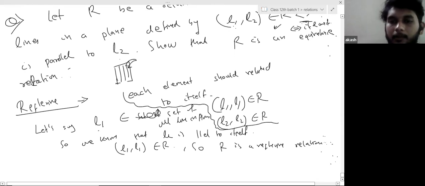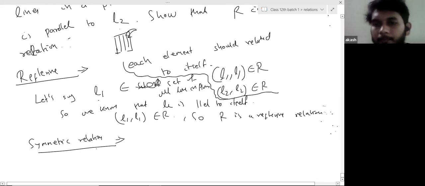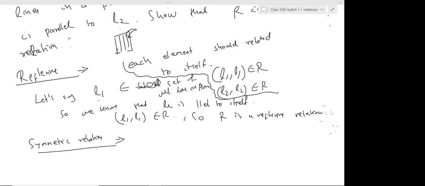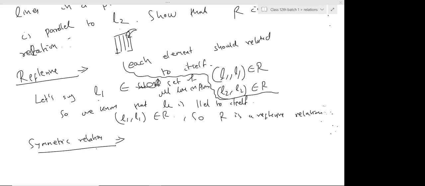What is next? Symmetric. So what is a symmetric relation? So (L1, L2) and (L2, L1) belong to the set. All right. So if there is no (L1, L2), then what happens? I didn't get it, sir. Identity.